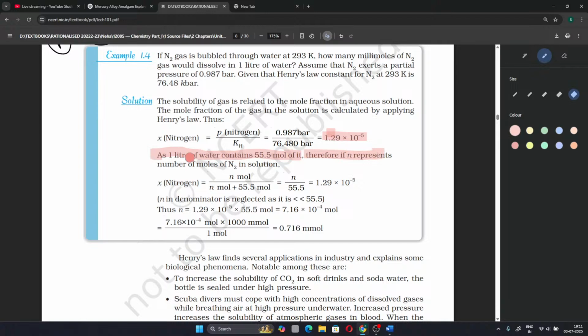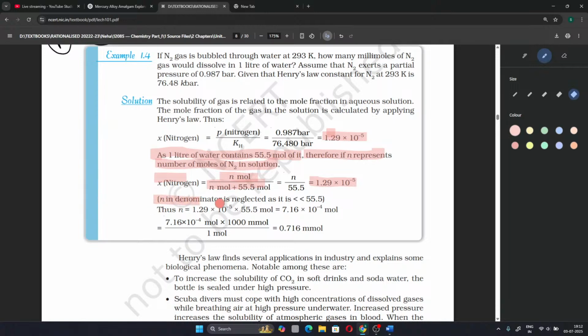Therefore, if N represents number of moles of N2 in solution, then N mole plus 55 mole in the denominator gives approximately 1.29 into 10 power minus 5, and N is in the denominator.